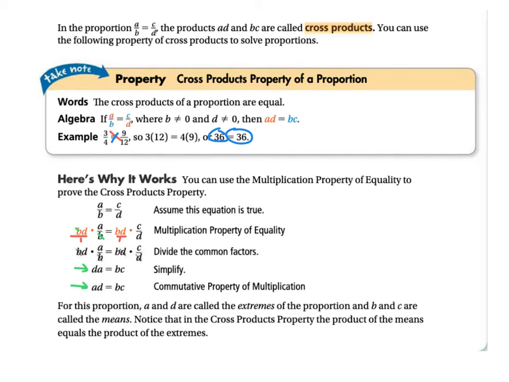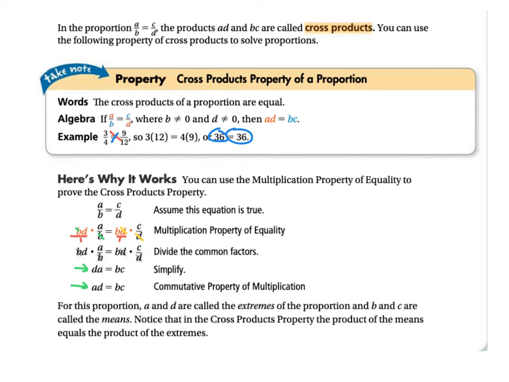The commutative property, you can switch their order, right? Same thing on the right. You can say that d cancels there and that d cancels there. One's on the top, one's on the bottom, so they cancel, and you get b times c. And there we see what we had up in the top here, that a times d equals b times c, or the diagonals are equal.